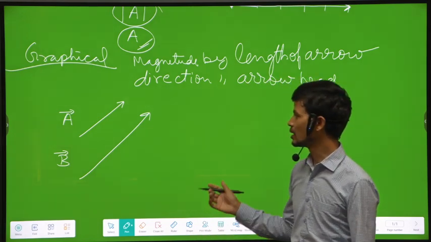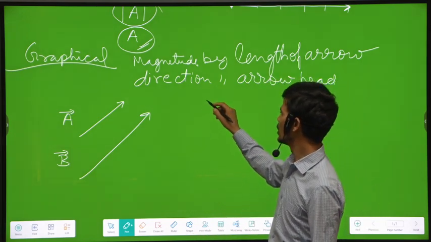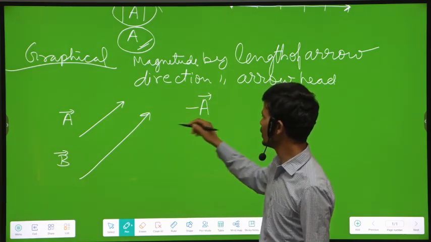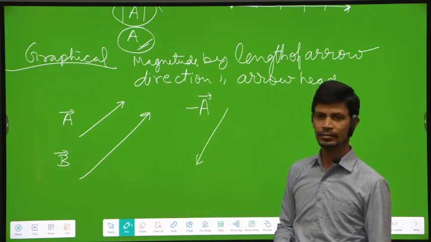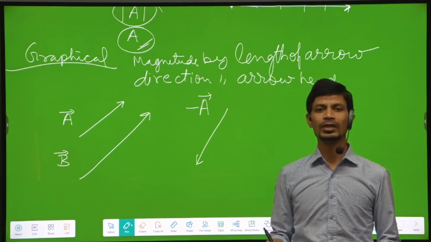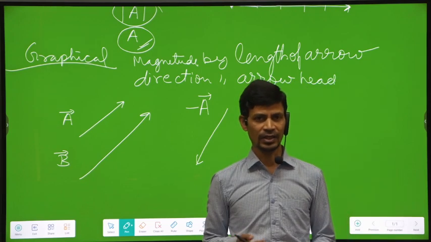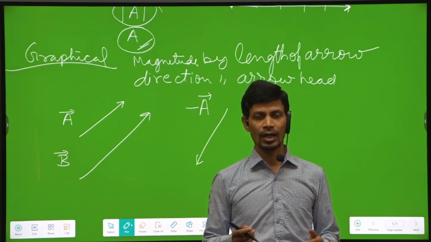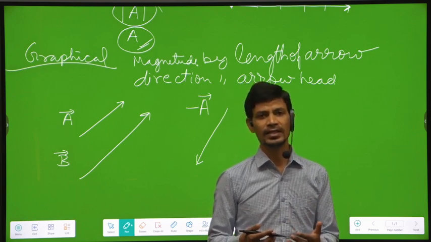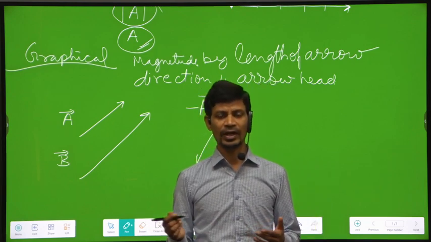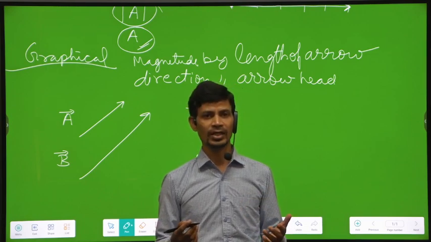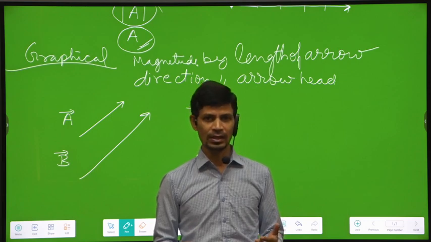If this is A, then minus A will be just opposite to that: magnitude same, direction opposite. This is how we deal with these vectors. So how are we going to analyze these types of vectors, and how are we going to use them in our daily life? We will see in the next video.